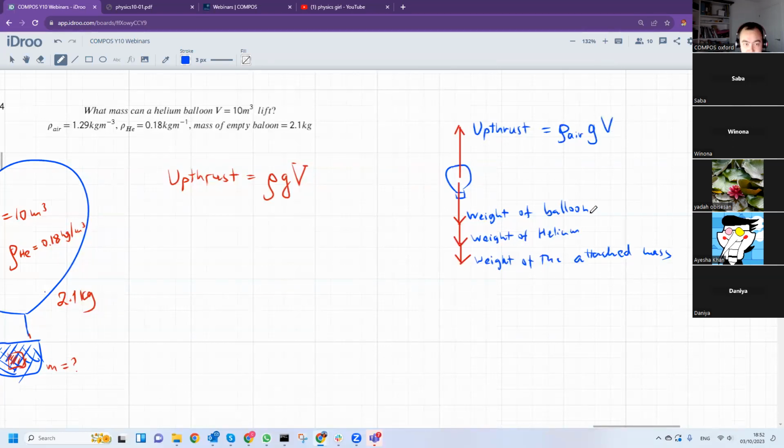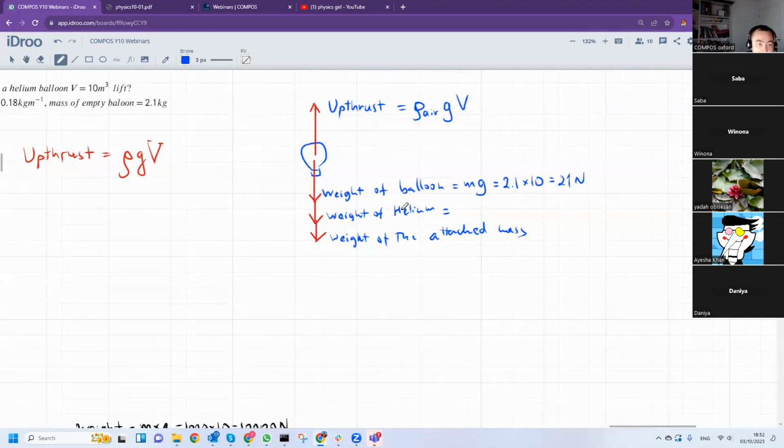The weight of the balloon is mg, 2.1 times 10, which is 21 newtons. For the weight of the helium, we need the mass of the helium times gravity.